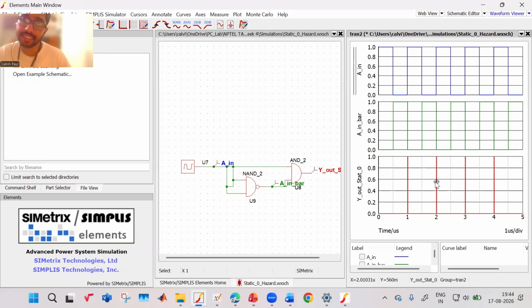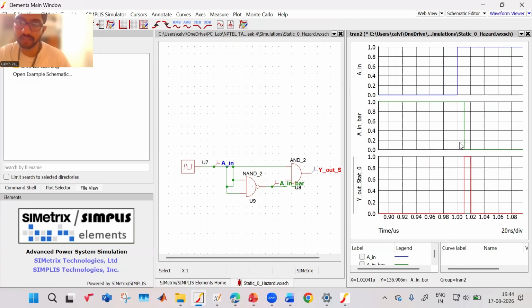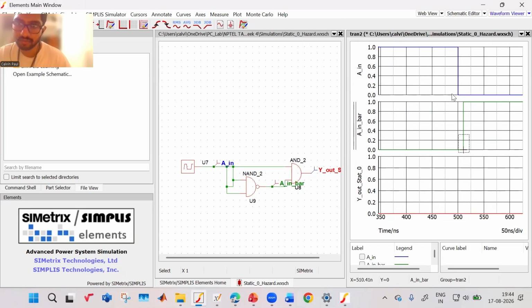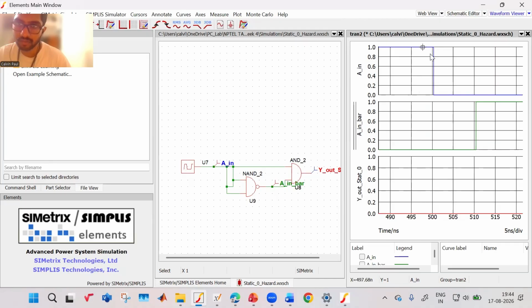So why is that happening? Let us zoom in over here. What can you observe? Let me start with this part. A has gone to 0.